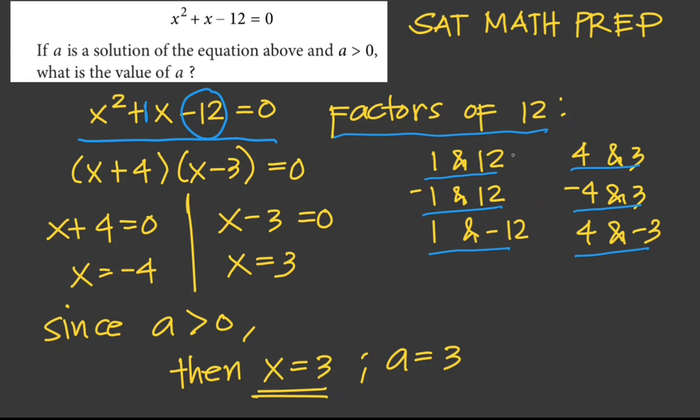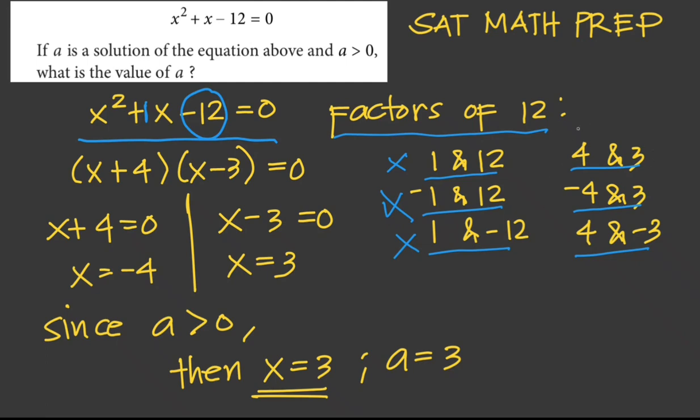So 1 times 12 is positive 12, so this cannot be. And negative 1 times negative 12 can be, but 12 plus negative 1 is not equal to positive 1, so this cannot be. Then 1 times negative 12 is still negative 12, but when you add them up, it cannot be equal to positive 1.